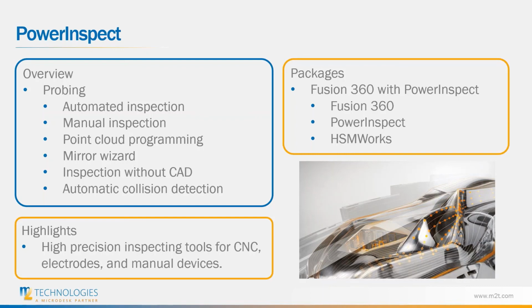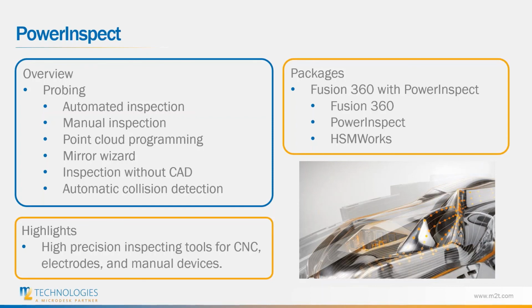Mirror Wizard, so for any kind of mirror geometry or inspection paths, you don't need to reprogram the same thing multiple times. You can use the Mirror Wizard to replicate that inspection on other aspects. You can also do inspection without CAD, which allows you to inspect parts even without a CAD model.